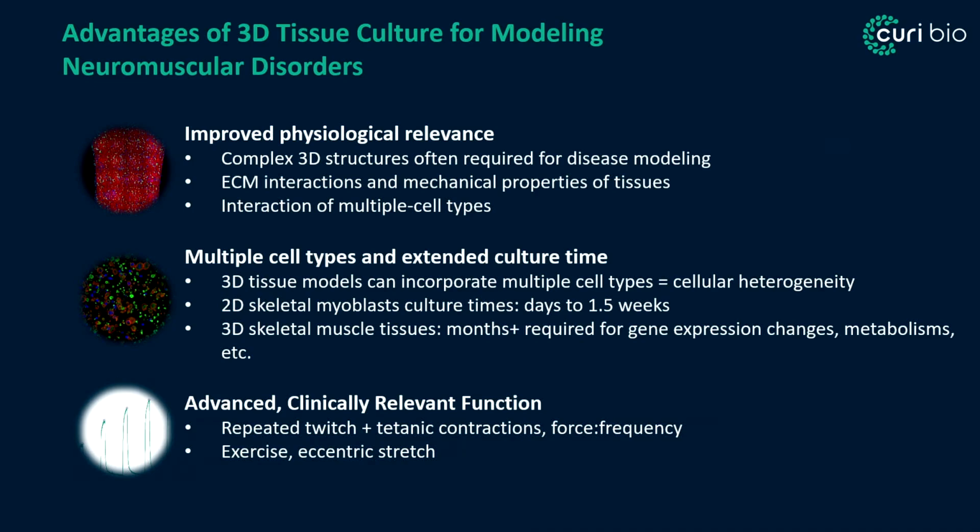When you put skeletal myoblasts on a 2D plate, they last for about a week and a half before they start to fuse into myotubes, and after they fuse into myotubes they start to become contractile. And as soon as they contract, they pop off the dish and you can't use them anymore. So when we're thinking of gene therapies that can take potentially months to ramp up gene expression, these systems are just not usable at all for a lot of these modalities.